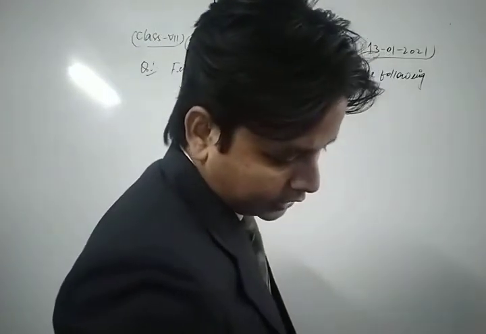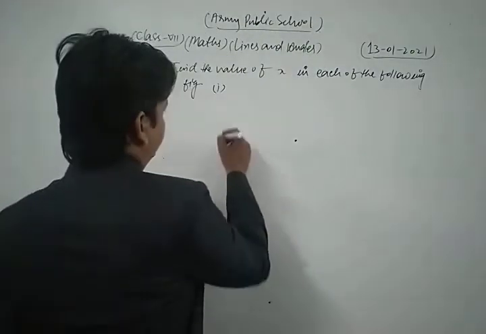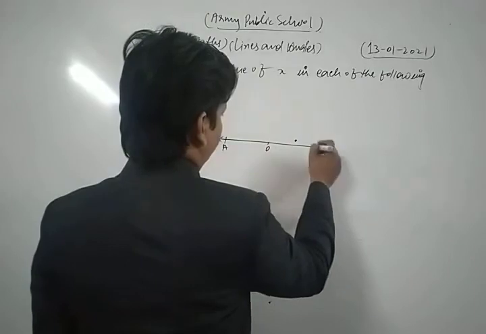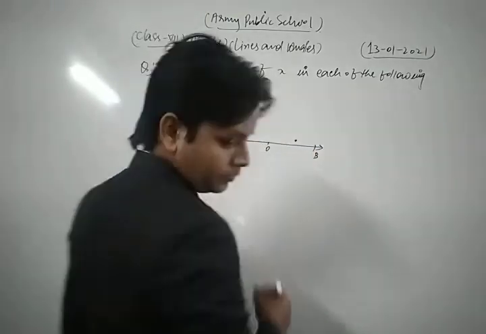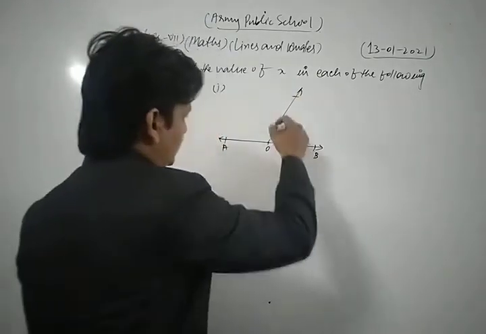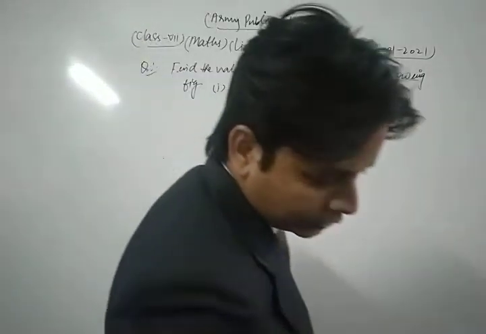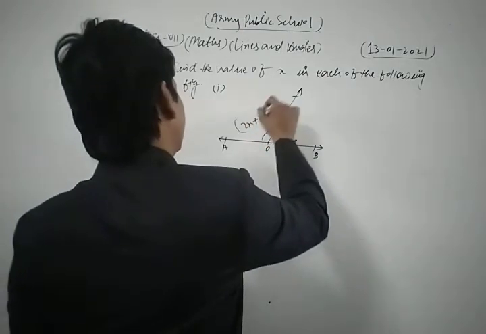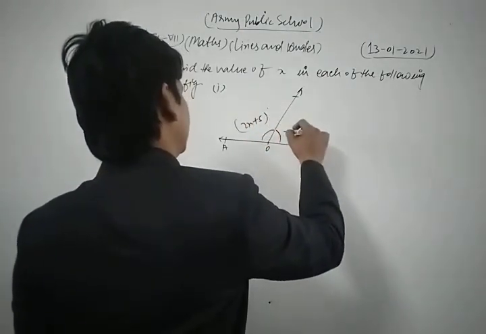Your question is, the first figure has angles 2x plus 5 degrees and 3x degrees.